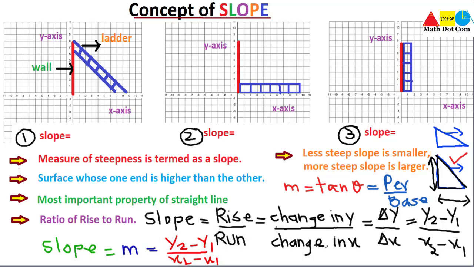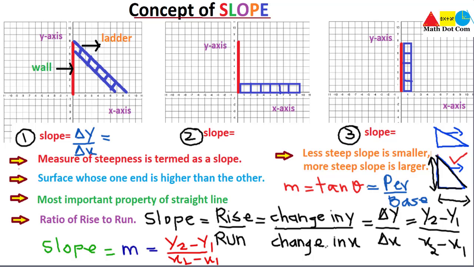So we can find the slope of this line easily by using the formula del y over del x. As the y is changing, we can take any value of y and any value of x here, as the slope of all the points on this line will be the same.